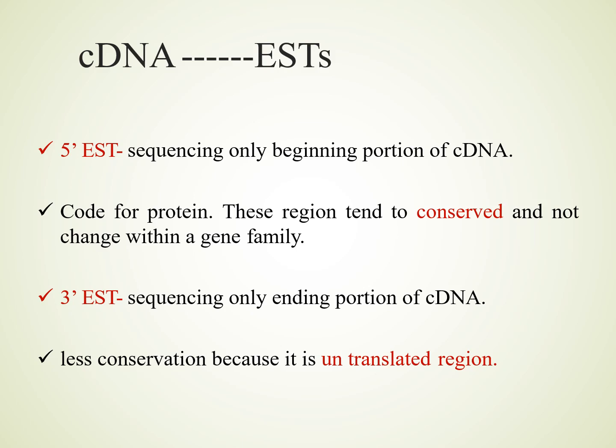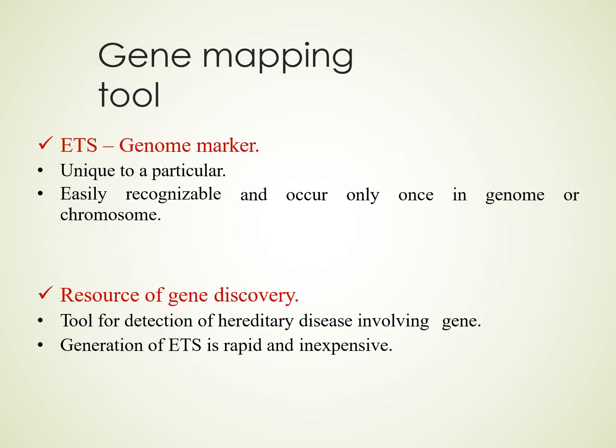This particular 3' EST will only be present in that species' genome. It will not be found in the genome of other species in a similar gene family or protein family. Understand? And the beauty of this 3' EST is that the chance of occurrence of this sequence is only once in the whole genomic DNA sequence.